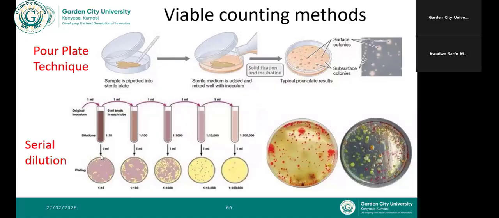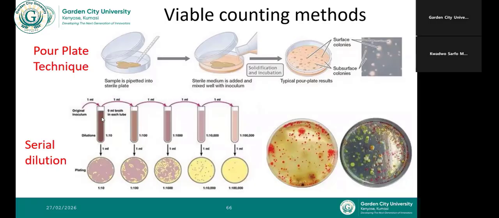Then you pick 1 ml from the resultant solution. Then you plate on a petri dish that has a medium, the solid medium, because you're going to count the colonies. But this is the liquid medium. Then you pick another 1 ml of the first one into another tube that has 9 ml of the broth.